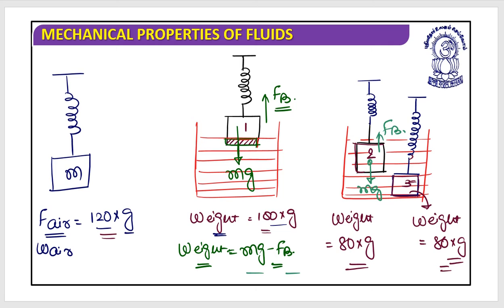But now the last question arises: this has been this much submerged, and this has been even this much submerged. So why is the force of buoyancy acting on both the same?